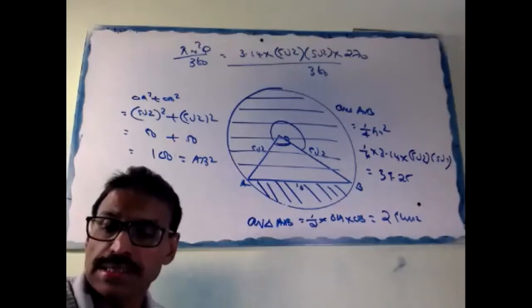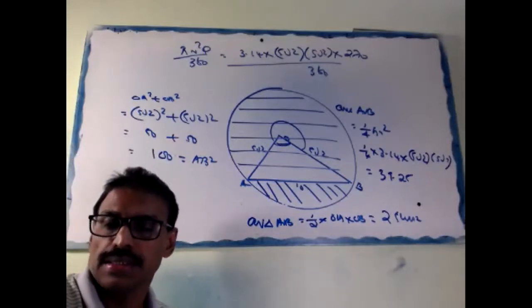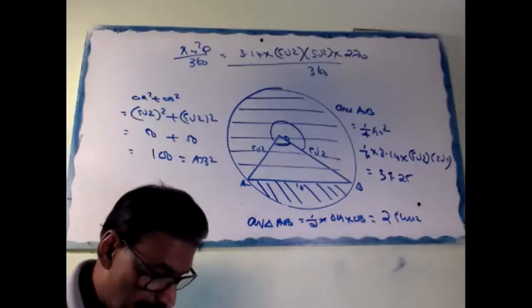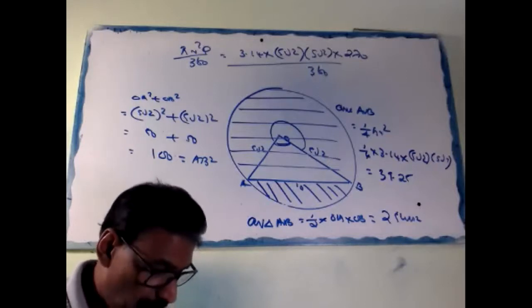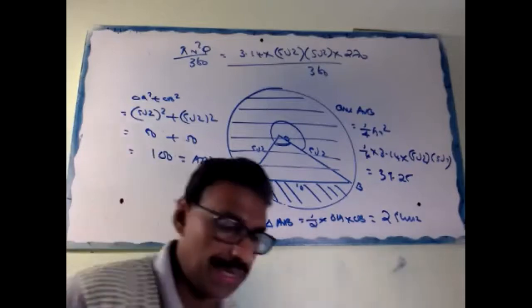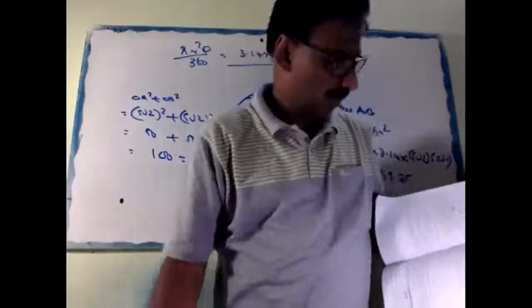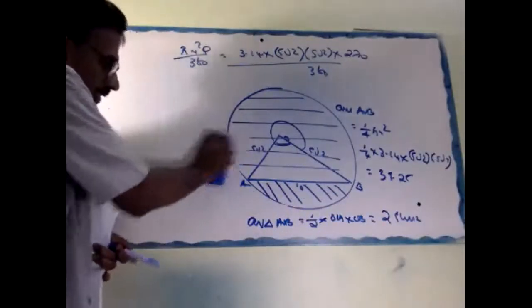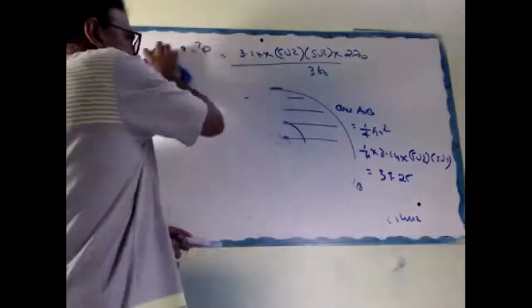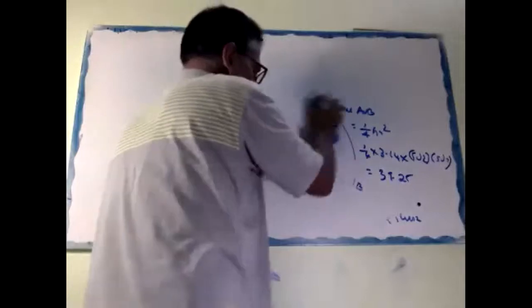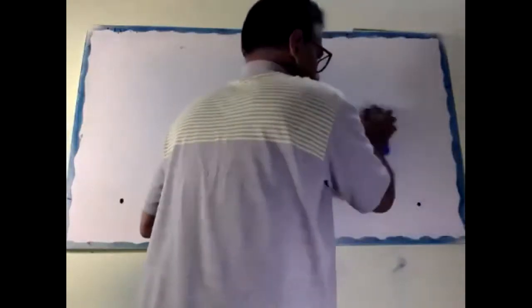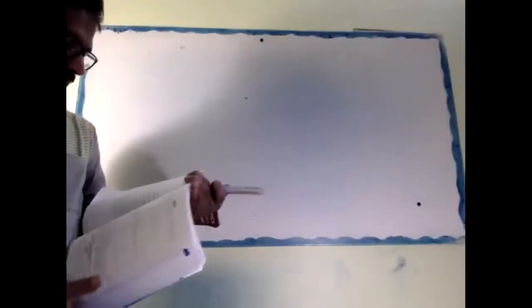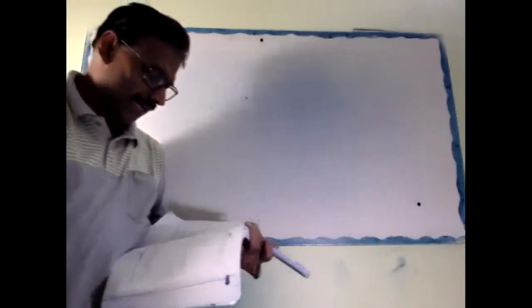A chord of a circle of radius 20 centimeter subtends an angle of 90 degree at the center.